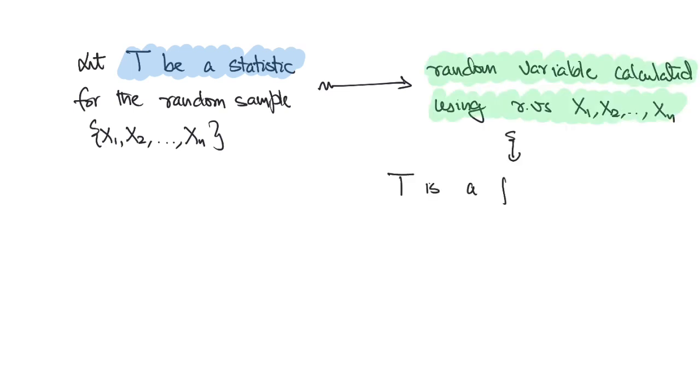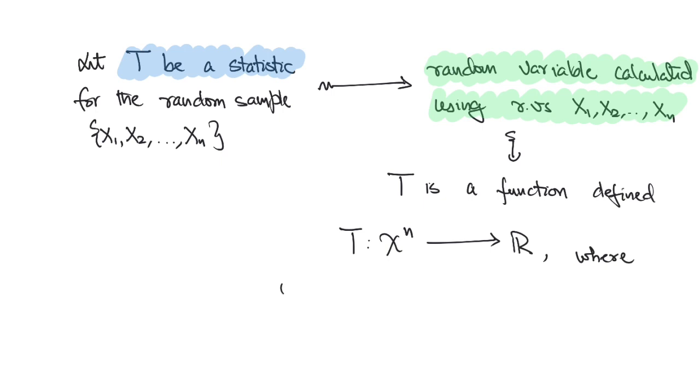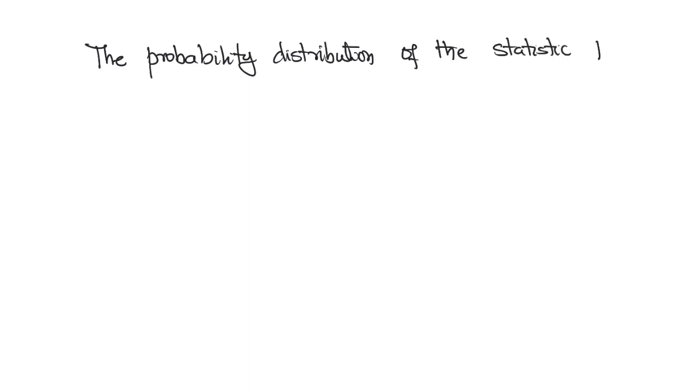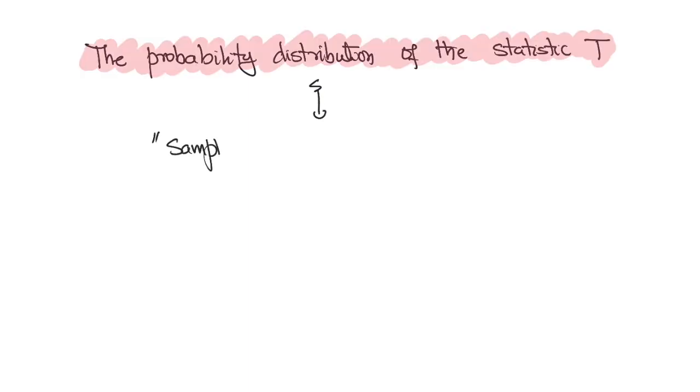This means that T is a function that is defined on the joint sample space and takes values inside R. The joint sample space in this setting is denoted by script X to the n. We will be interested in the probability distribution function of the statistic T. This distribution is often called the sampling distribution of the statistic T.